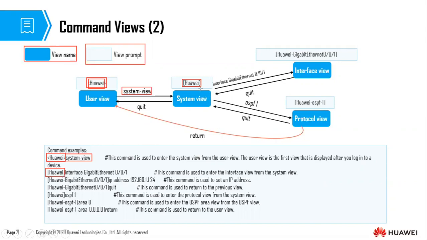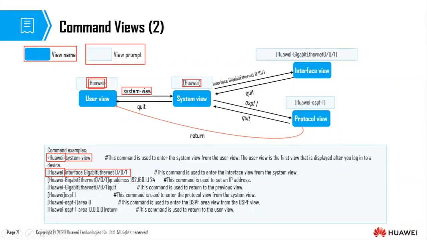Now, for example, if we want to configure an interface and maybe assign it an IP address, then we have to type this command: interface GigabitEthernet 0/0/1.